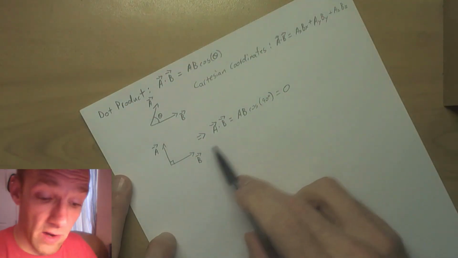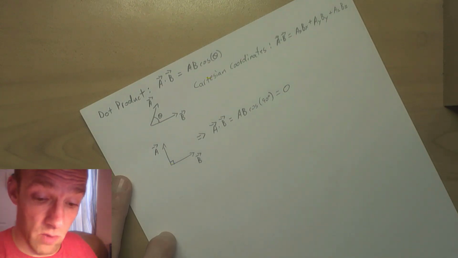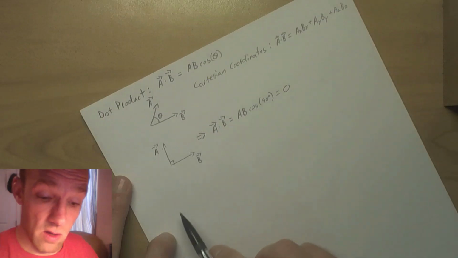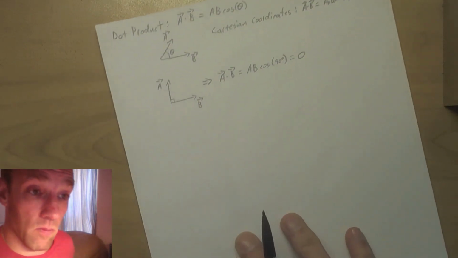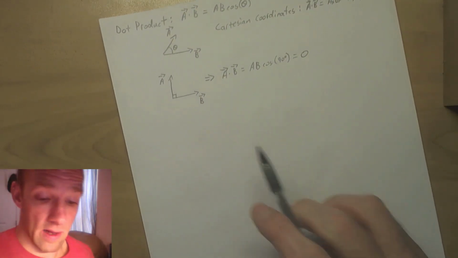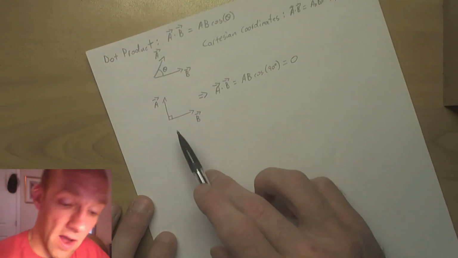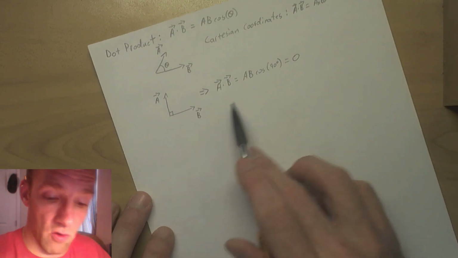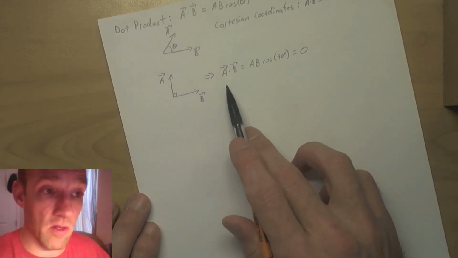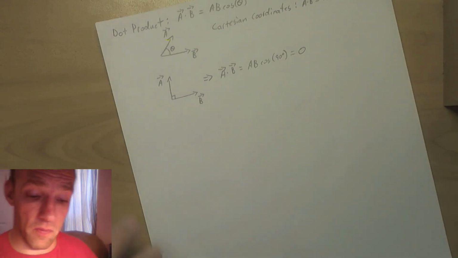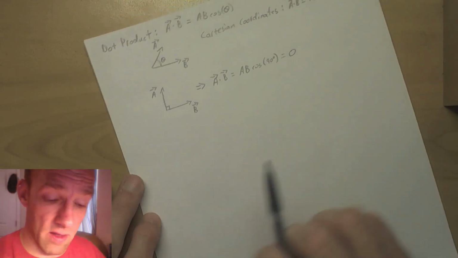So the dot product of perpendicular vectors gives 0. Now that's useful. Sometimes it's going to be useful for us to find special vectors which are perpendicular. So this little formula here is useful in that case.